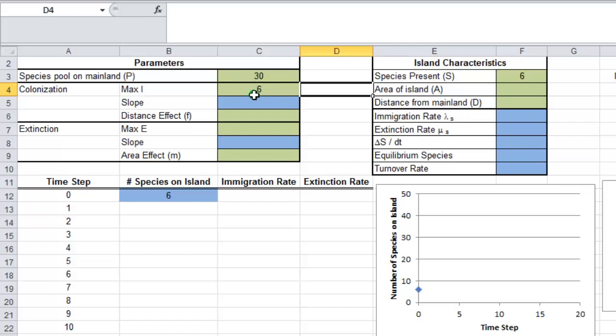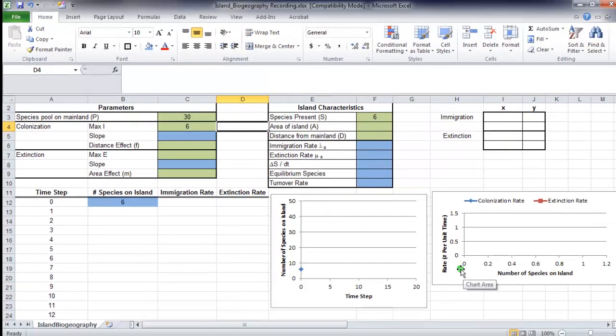If you remember Jed's graphic, he said that this forms the rate. Here our colonization rate will be in blue, and we're looking for the number 6 up this y-axis. So our very first point for this graph is going to be x equal to 0 and y equal to 6.